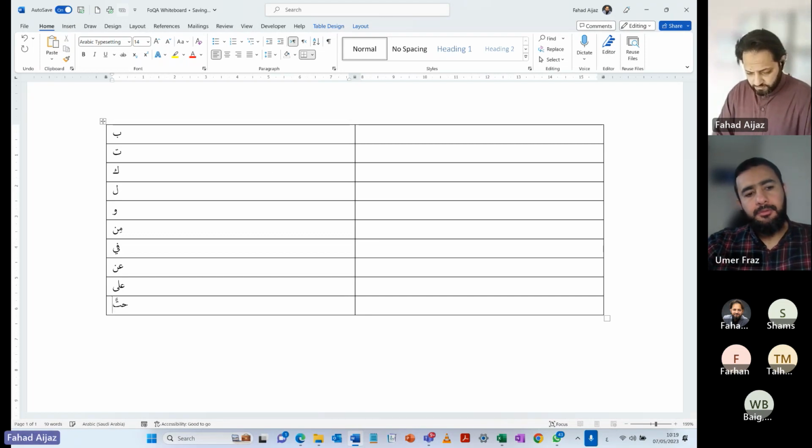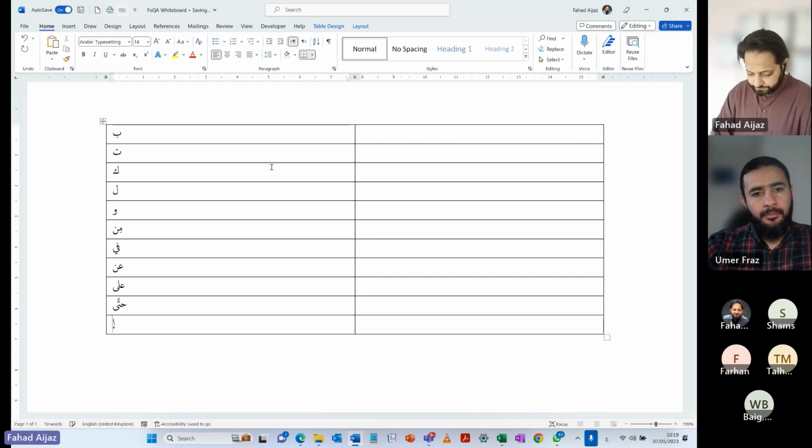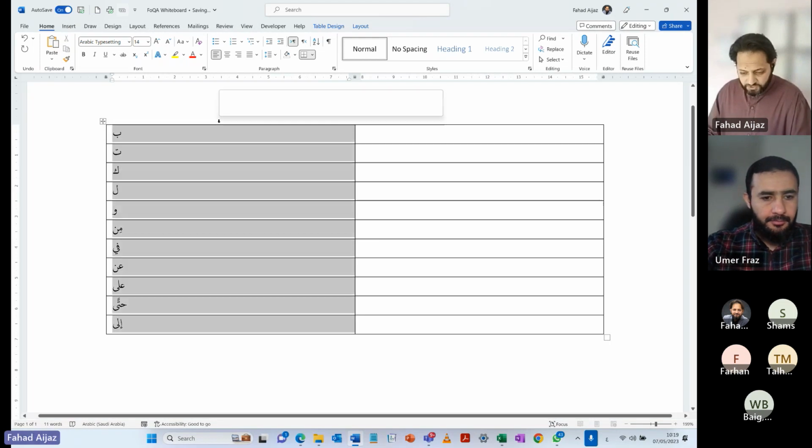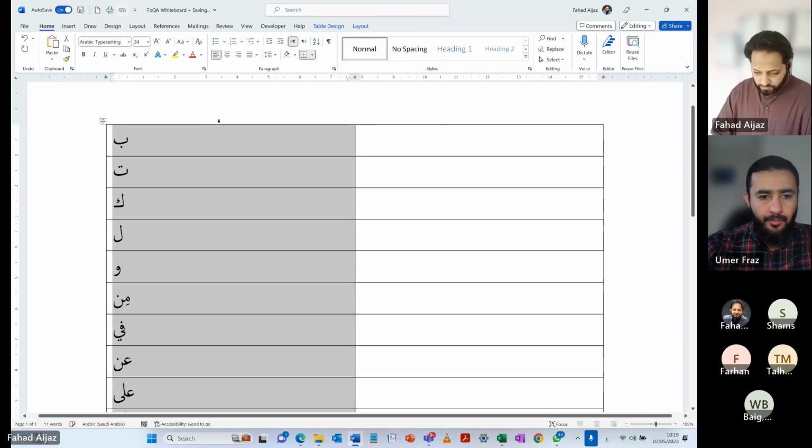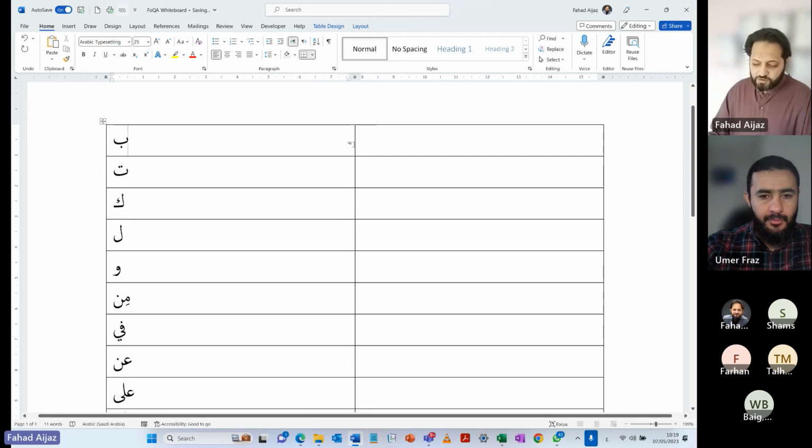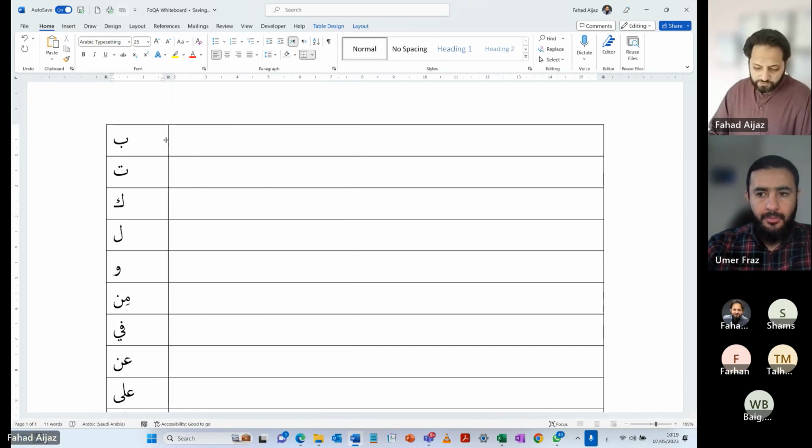I should have done this before. Hatta, ila. Okay. These hurufs, we will create a word meaning type of table so we understand.